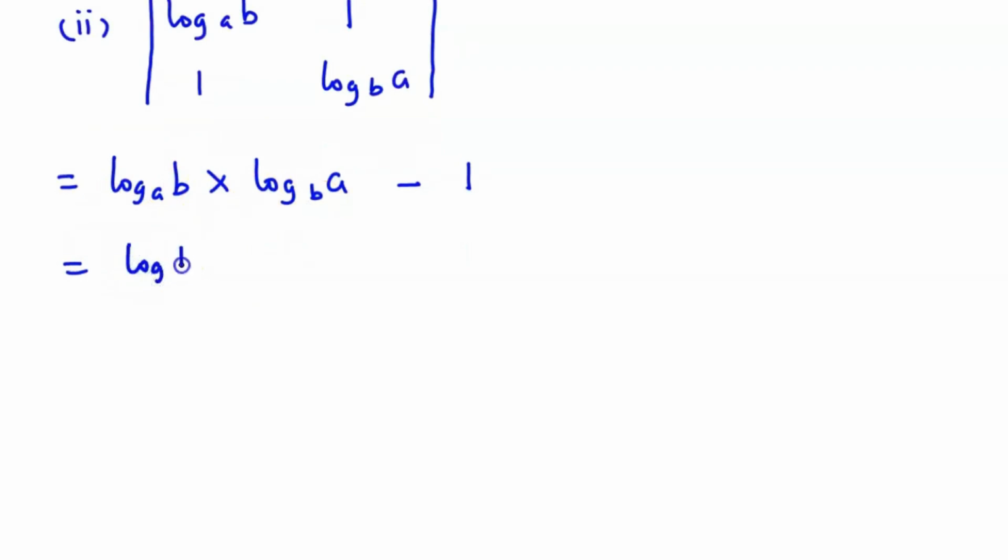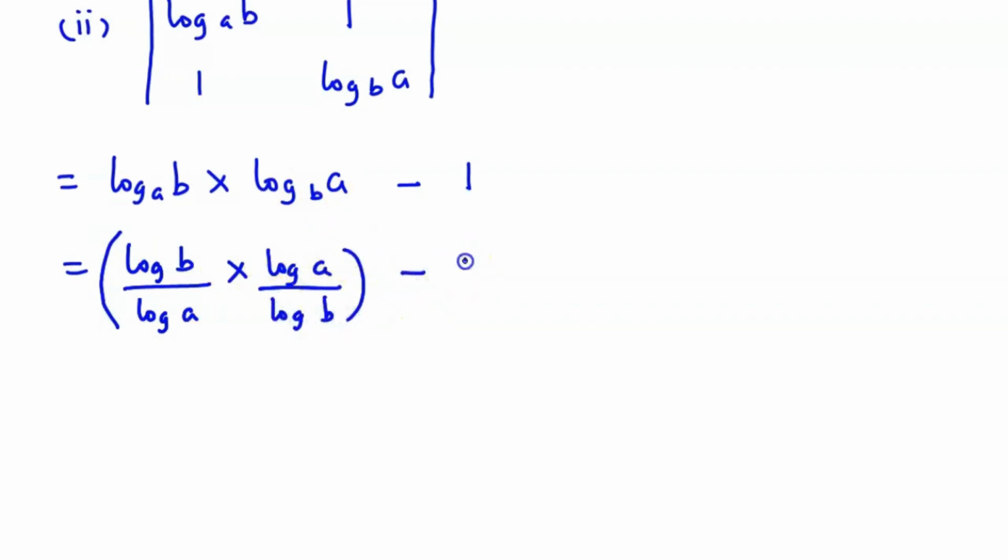So we get log of b upon log of a, applying the change of base theorem, into log of a upon log of b, minus 1. So log b cancels with log b, log a cancels with log a, and finally we are left with 1. So we have 1 minus 1, so the value is equal to 0.